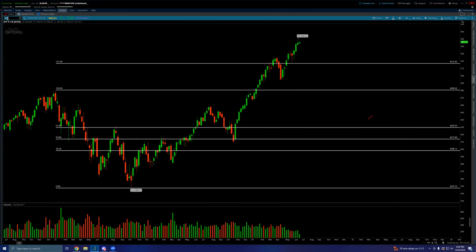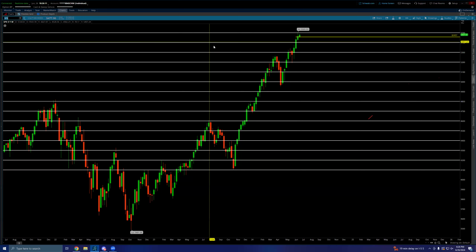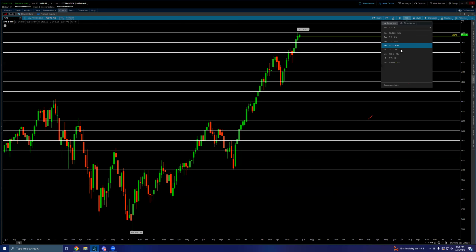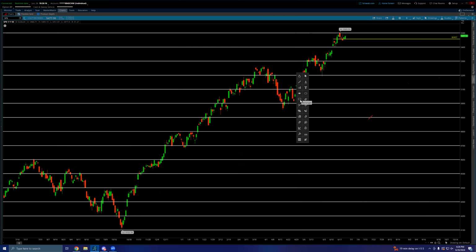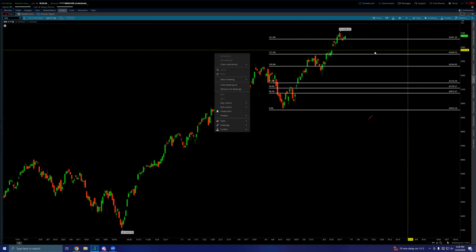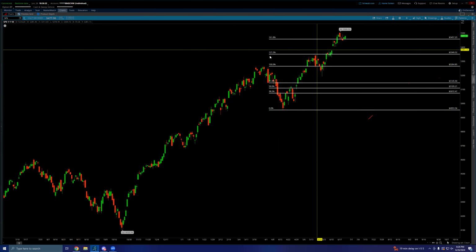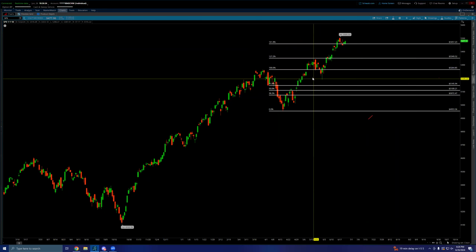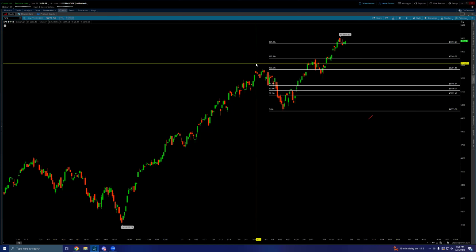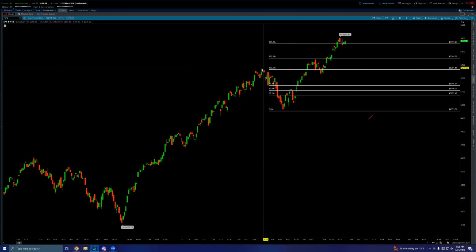It's one I think we were watching on the SPX a while ago, in one of those podcast lectures. I don't remember exactly which. Let me clean this up really quick. Yeah, here we go. Perfect. So we were using these extension targets from the retracement as targets for the market in the future.